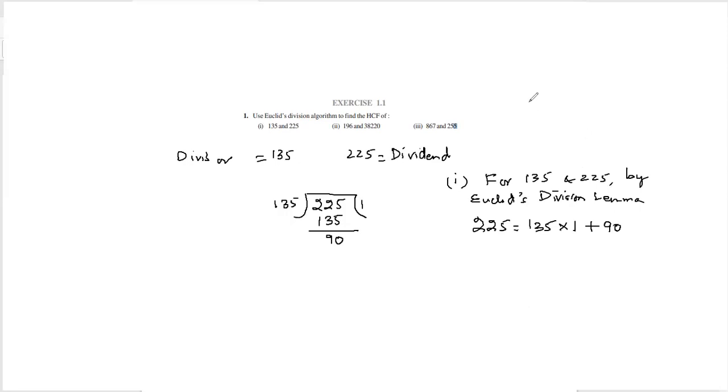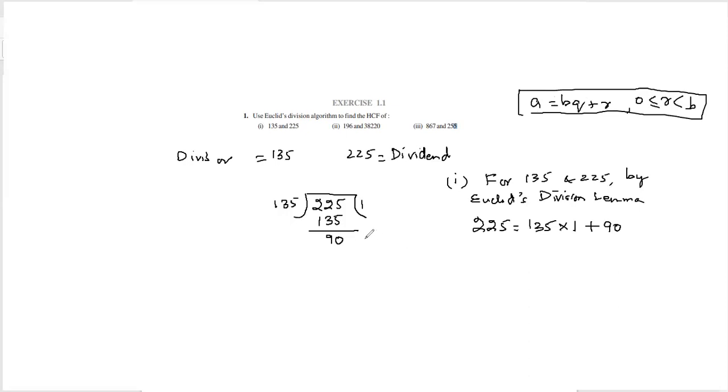Correct? A is equal to BQ plus R, where R is always less than B and greater than or equal to 0. This is Euclid's division lemma. Okay, so this is after the first step.